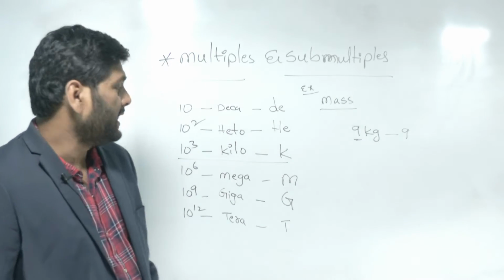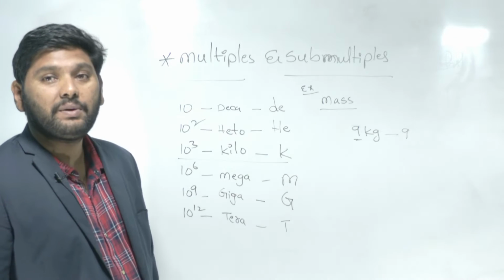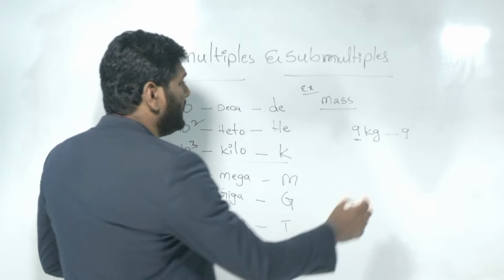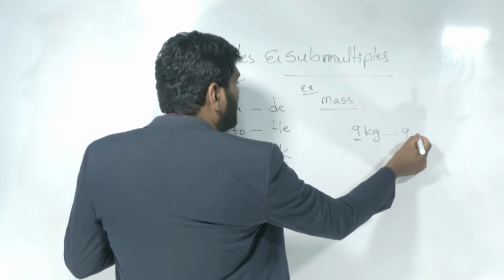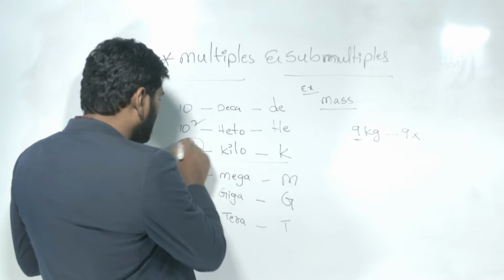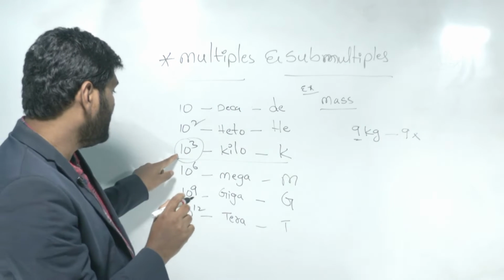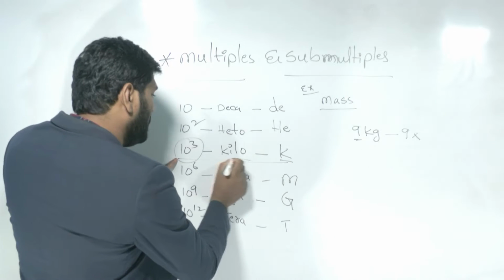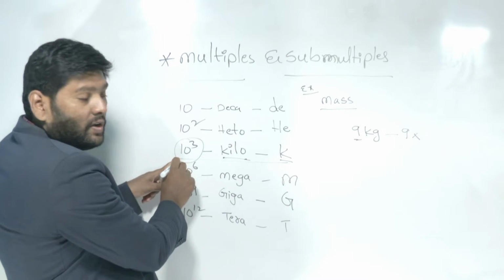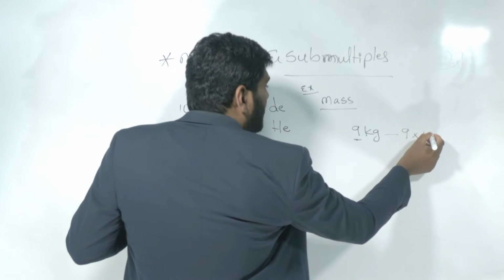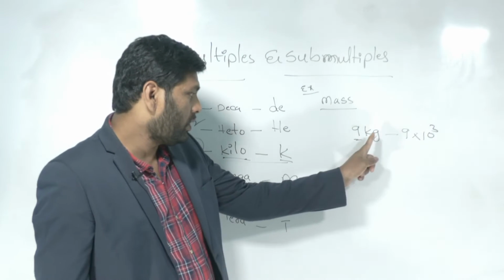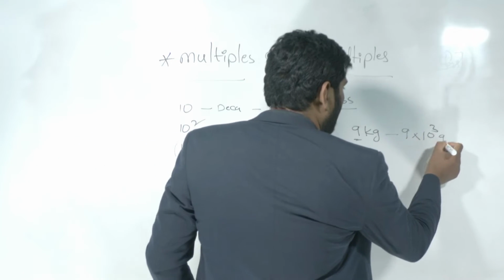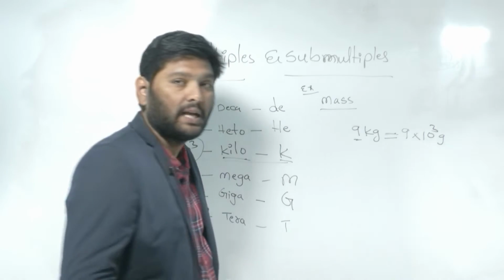K represents kilo. What is the value of kilo? 10 power 3. So here, kilogram. This is the way the multiples help in conversion.